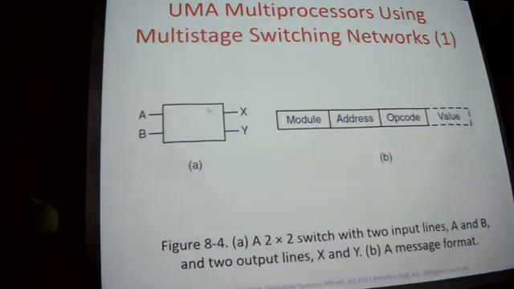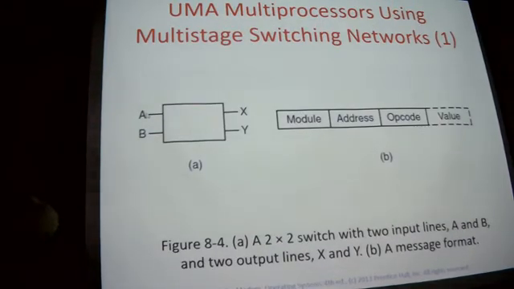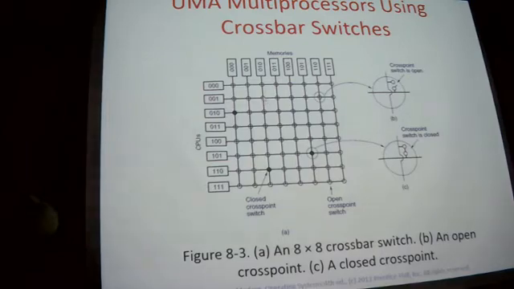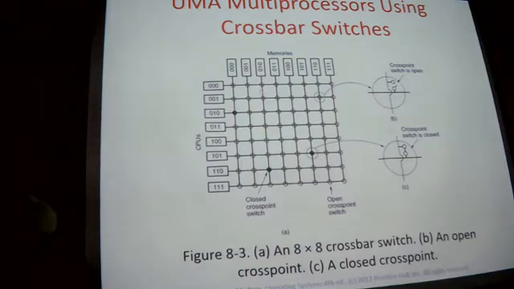So we can imagine, in fact, this one is also a switch, just like this one, but it is more complex, because there are more input lines and more output lines. In this figure, a switch just has one input line, one output line.